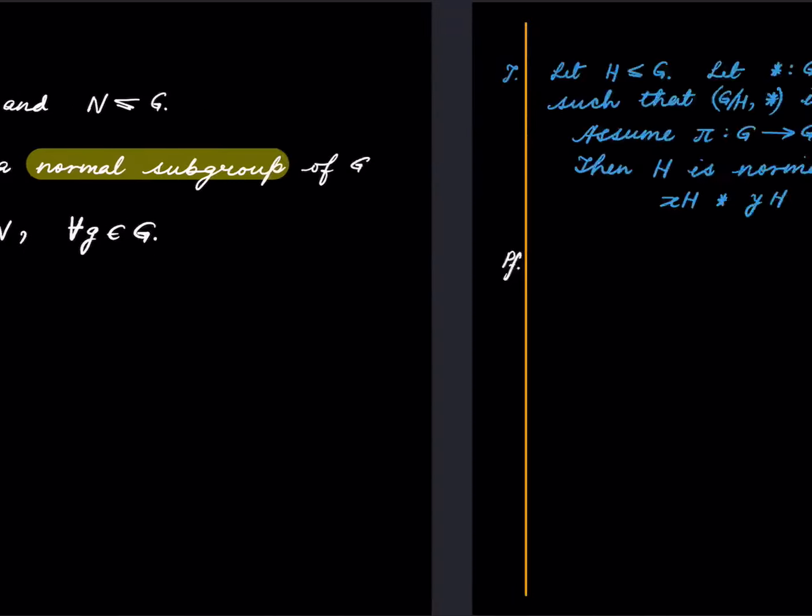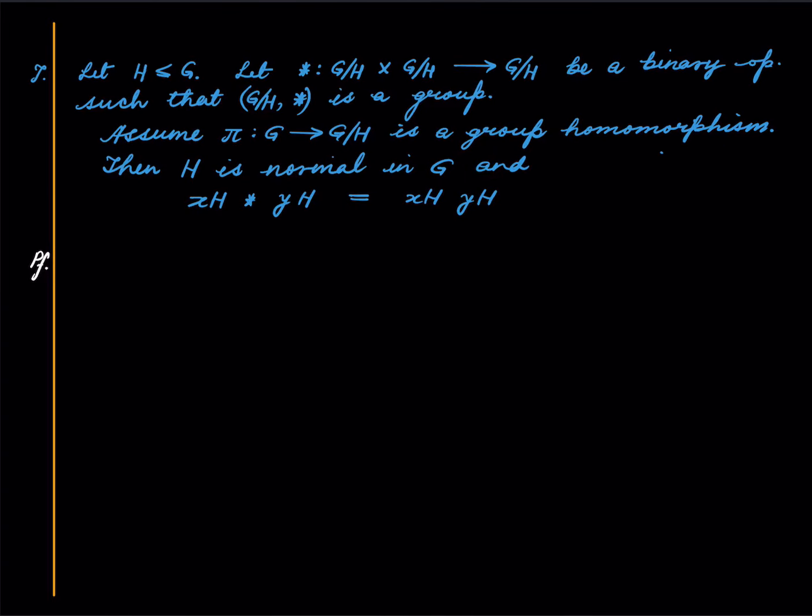Let's see. So now we can answer that question that we raised at the beginning of this lecture. Suppose we have a subgroup H, and we have a binary operation on G mod H, such that first of all this is a group. And now if we assume that this map, the natural projection map, which takes little g to the corresponding left coset, is a group homomorphism, then it follows that H is a normal subgroup of the group G, and the binary operation is actually just the product that we discussed earlier.